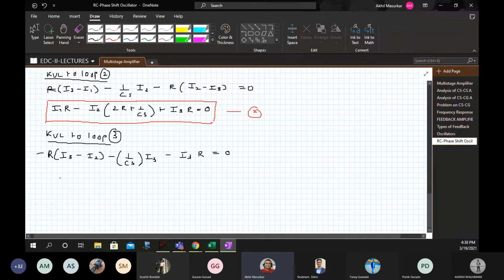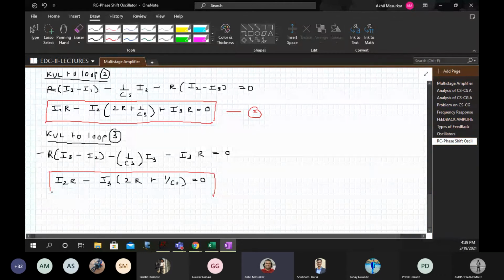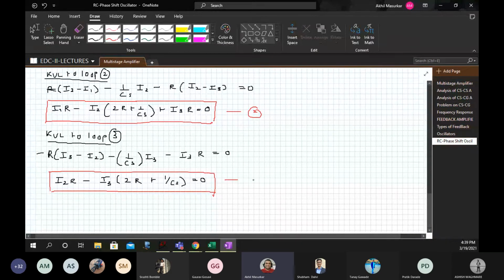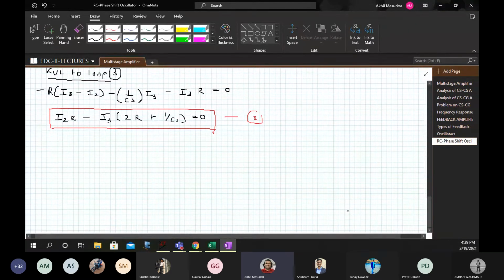So here we can write I2 into R minus I3 into 2R plus 1 by Cs equal to 0. So this is my equation number 3. Now we can write equation 1, 2 and 3 in the form of a matrix.